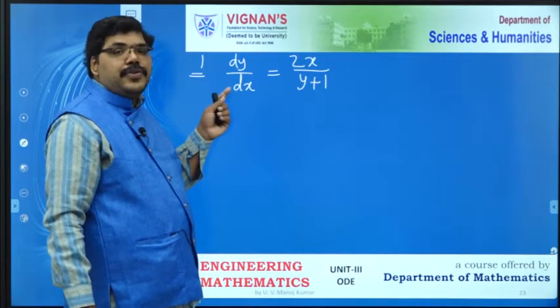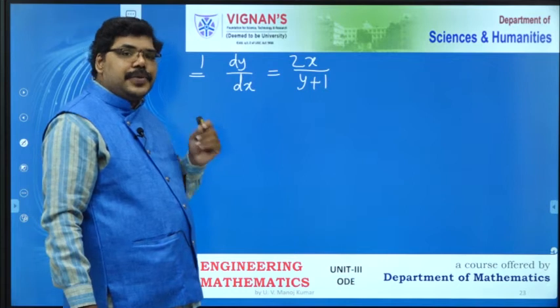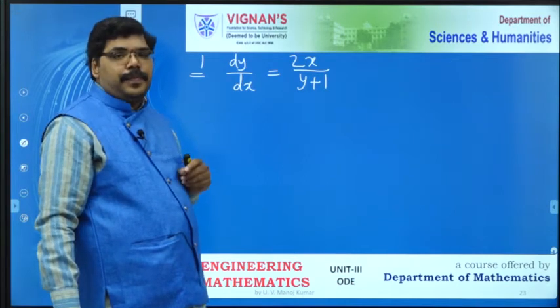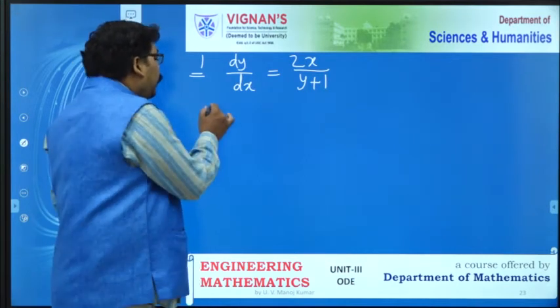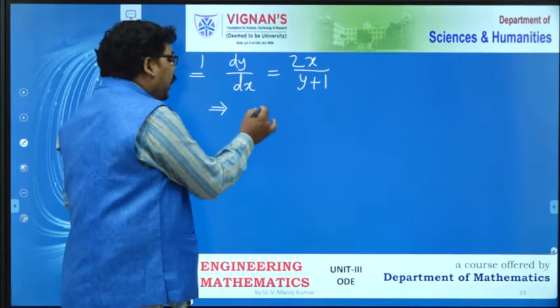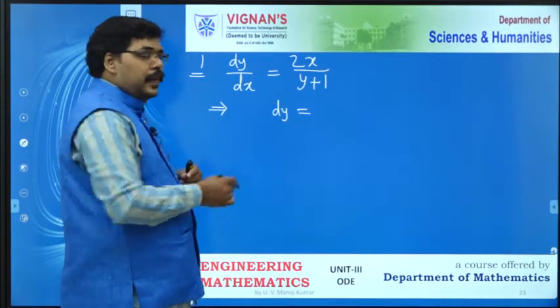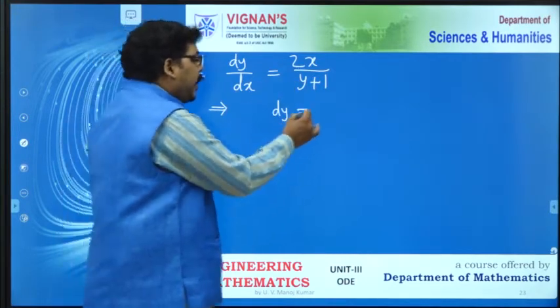Now I want to solve this. How to solve this? I will solve it using variables separable. How to separate the variables? So write dy here only. Bring this dx to the other side.